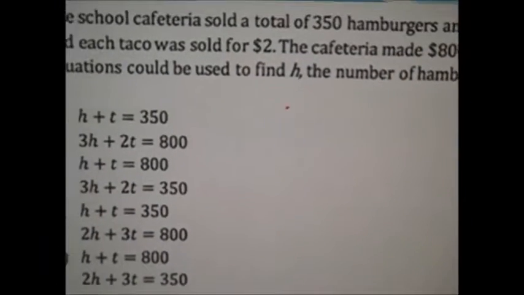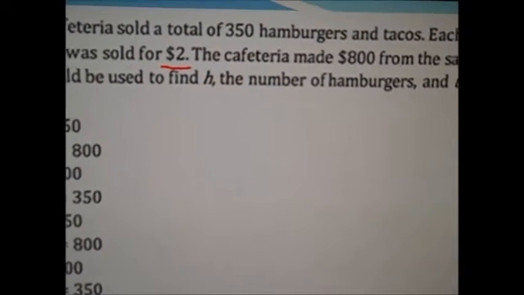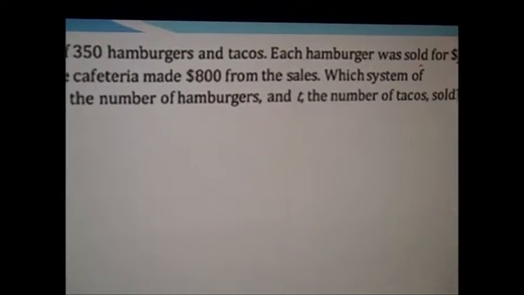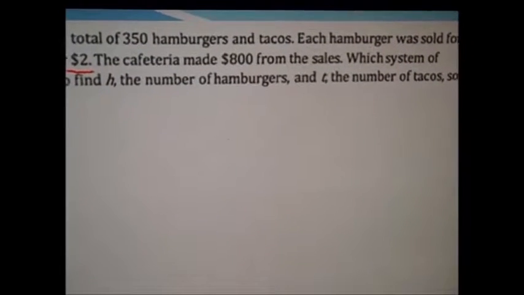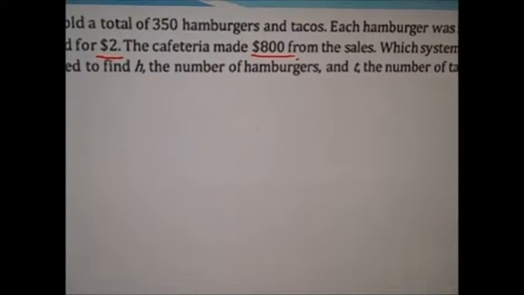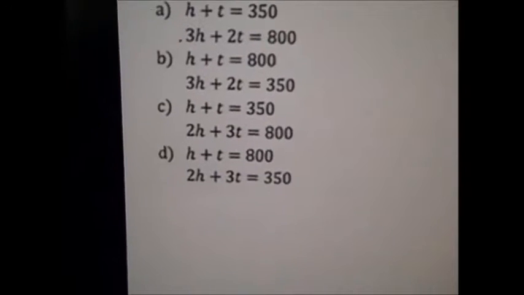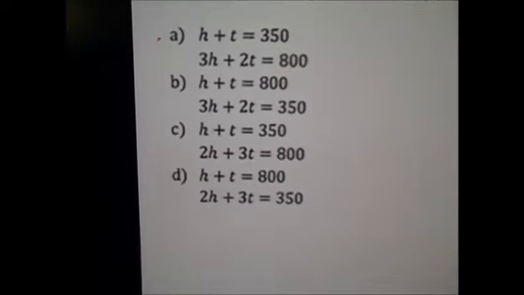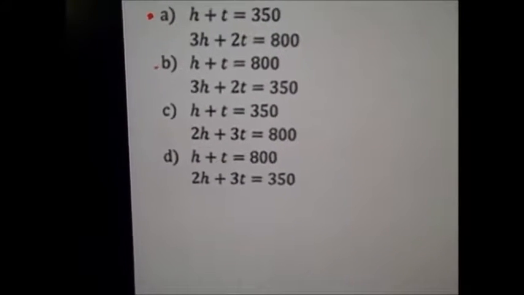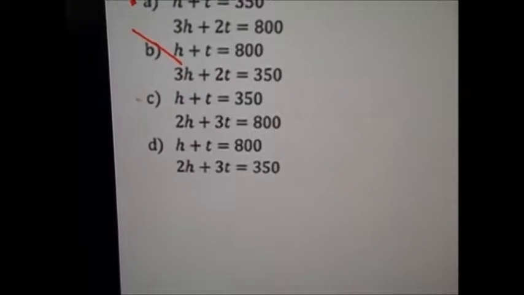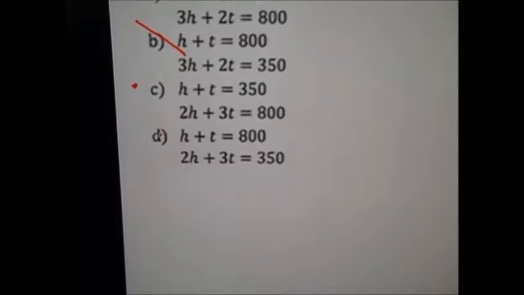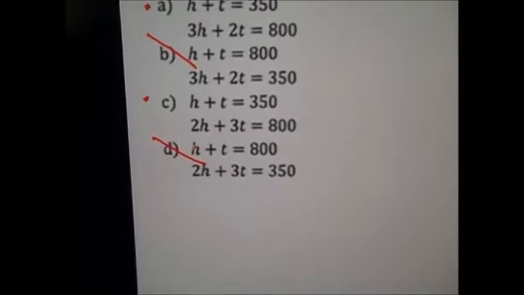To set up the systems correctly, you keep the dollar amounts $2, $3, and $800 in the same equation. 2, 3, and 800 should be in the same equation. A has that, B does not have that, C has that, D does not have that.